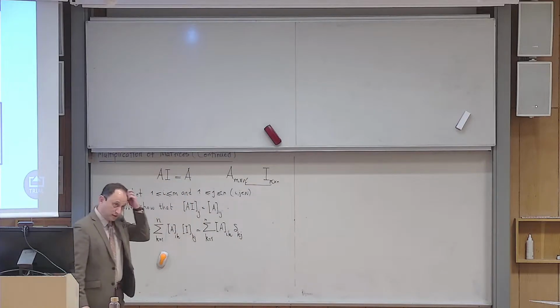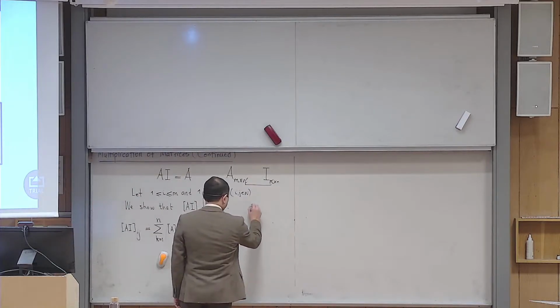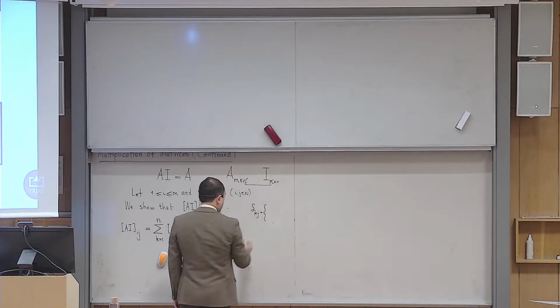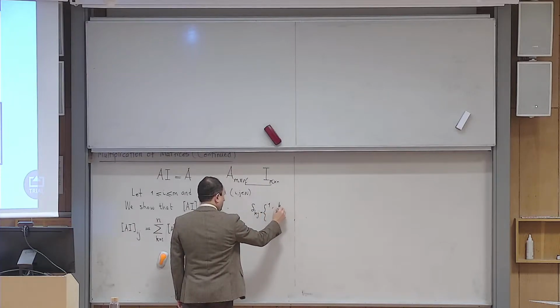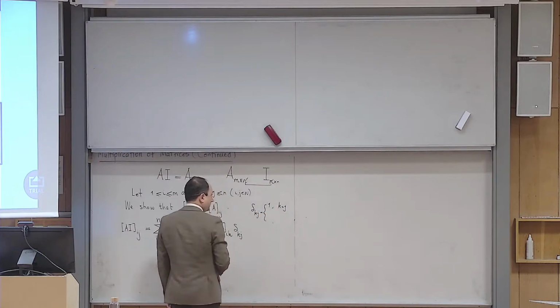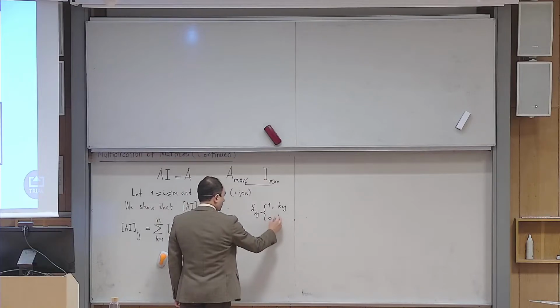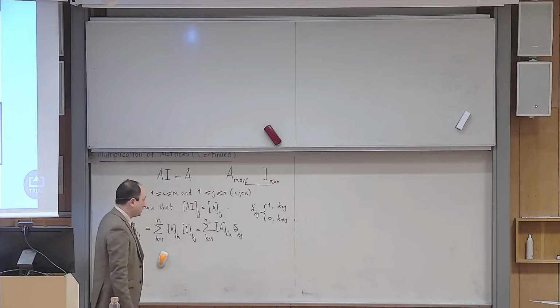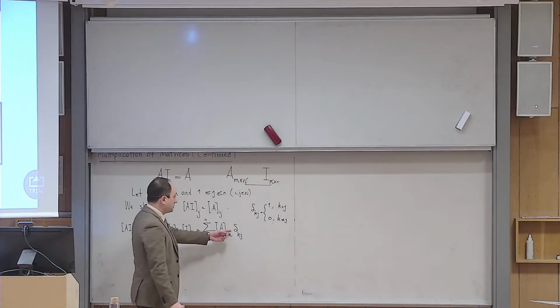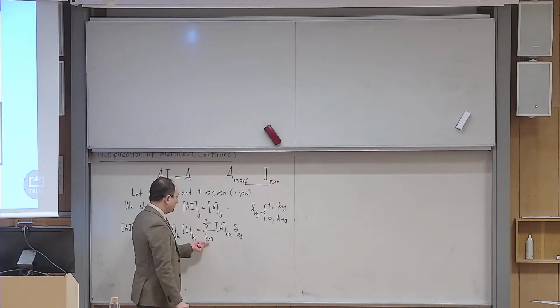What was the Kronecker delta? The identity matrix? No. The definition. What's the definition of the Kronecker delta? It is 1 if the indices are the same, and it is 0 if the indices are not the same. Yes? Okay. So I am running k from 1 to n.